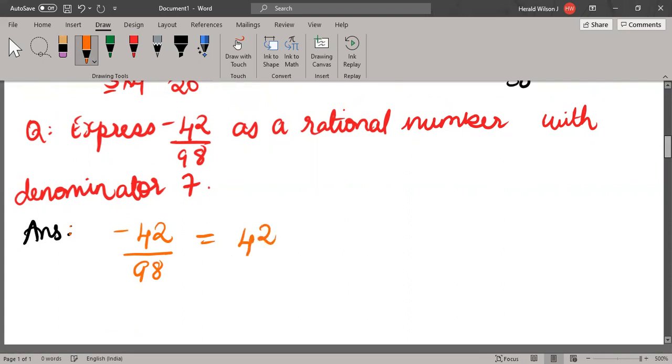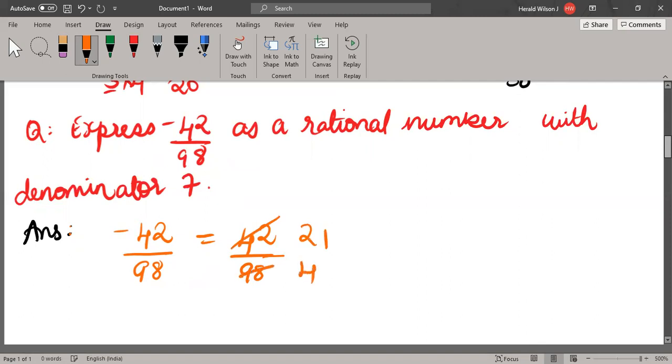Clear? So let me just do this for you. I'm leaving the sign apart. I'm not going to consider the sign. Let me only simplify the numbers. At the end, I will talk about the signs for you. Clear? So, which table can we use to simplify this first one? Let's take the lowest number. 2 we will take. 2 can easily simplify it. 21 2s are 42.